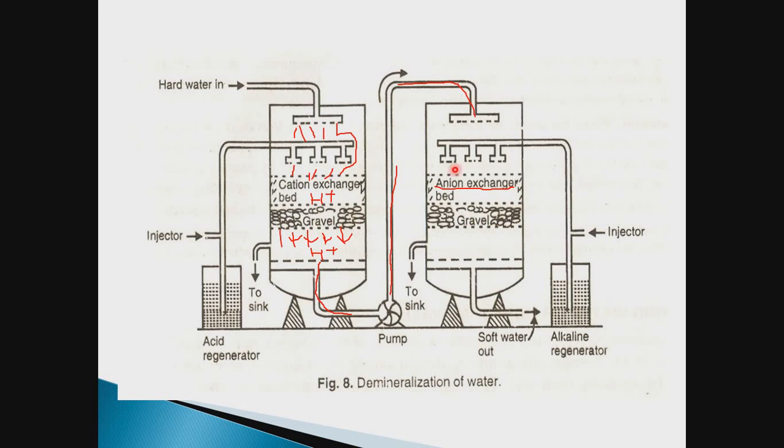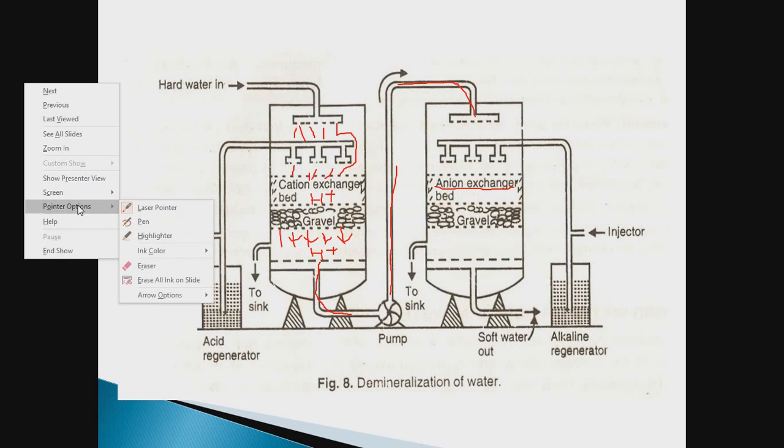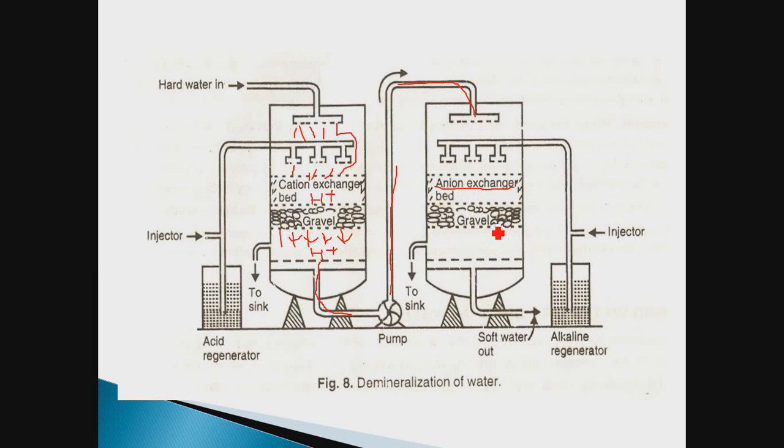Okay, so now coming back to here, your water will flow from this column, and now it will pass through your anion exchange column. In your water sample, it will not only have cations, it will also have some anions. Say, for example, your water sample has different anions, like chloride ions, and similarly sulfate ions, so they are coming here.